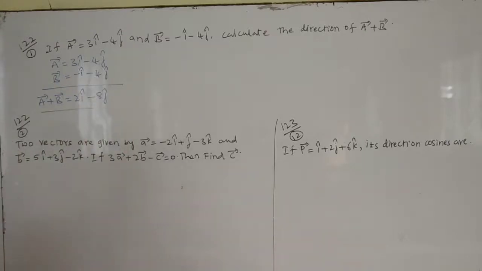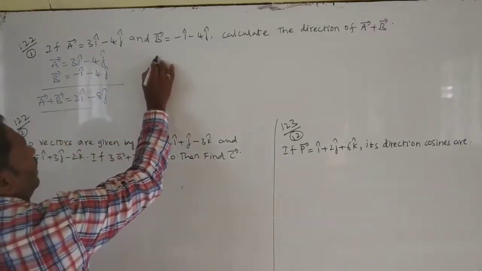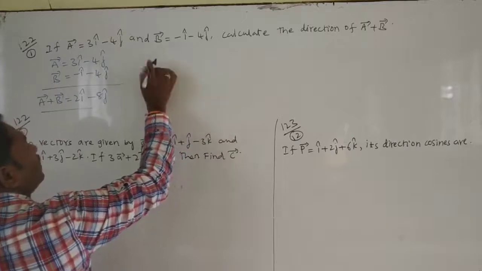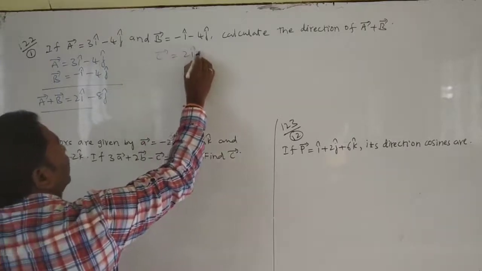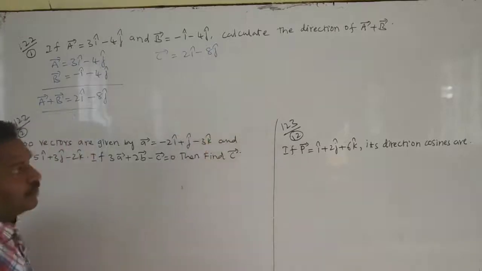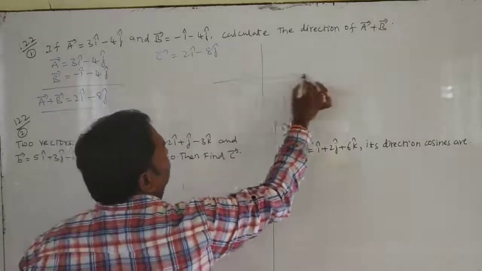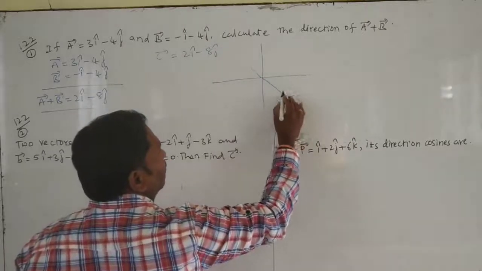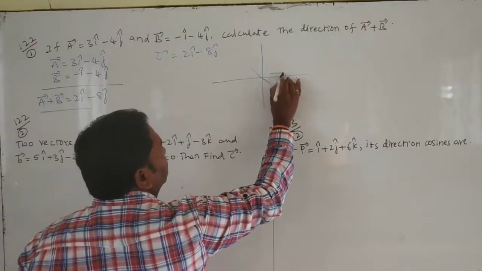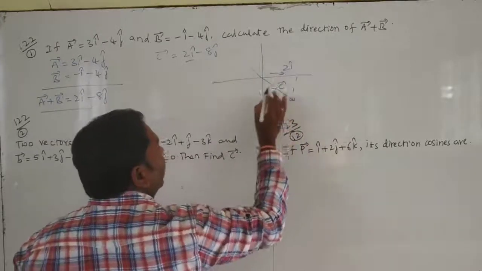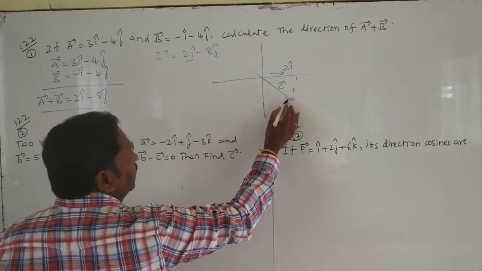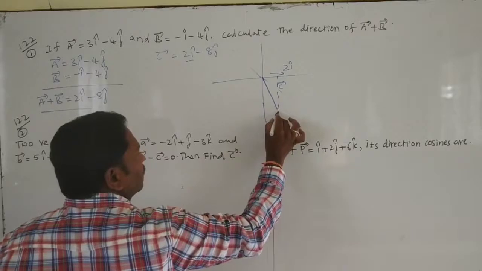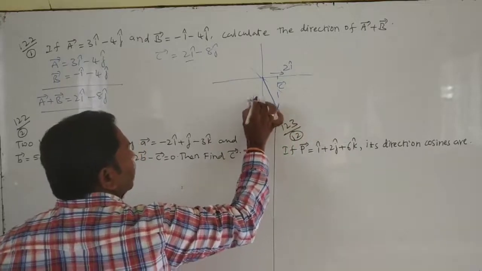Now let's say this is another vector C bar, where C bar equals 2i cap minus 8j cap. So it is like this: it has a positive direction for 2 i cap, and a negative direction for j cap, like this, 8j cap.